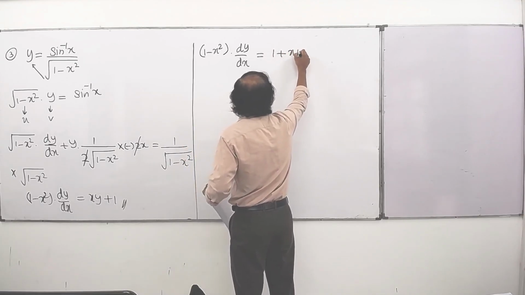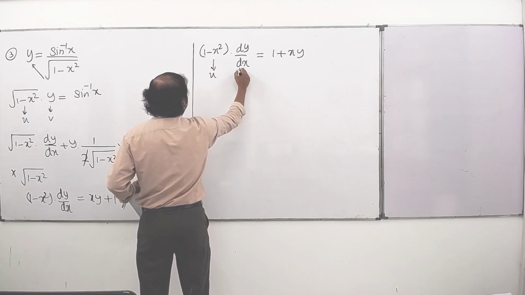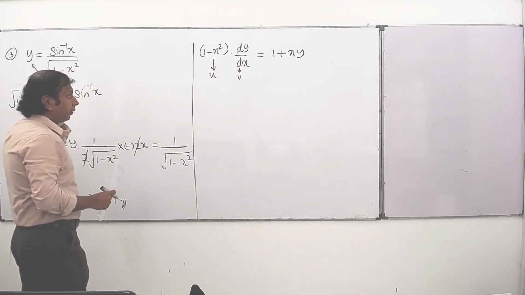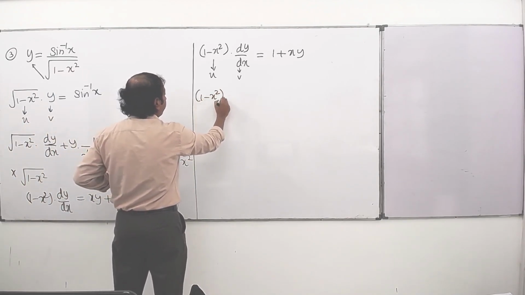Plus xy, right? Again we differentiate this. This as your u function, this as your v function, right? Then here 1 minus x squared, keep as the same.